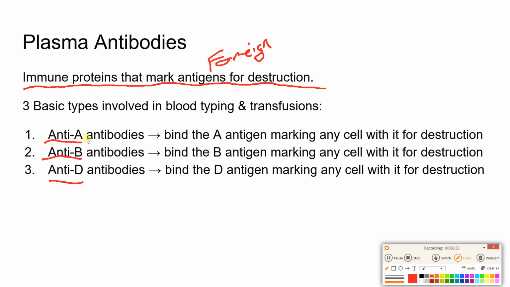So anti-A antibodies will bind antigen A, marking the red blood cell with it for destruction. Anti-B antibodies are going to bind antigen B and mark any cell with it for destruction. And anti-D antibodies are going to bind antigen D, marking any cell with it for destruction.